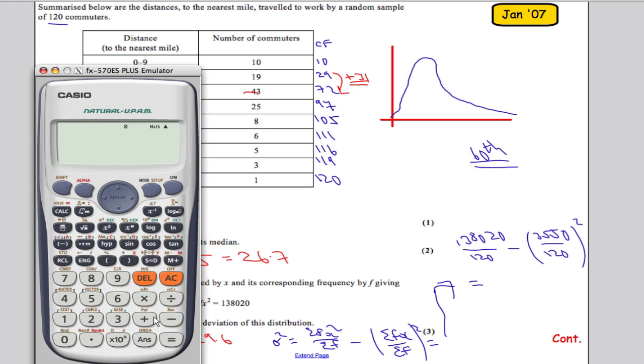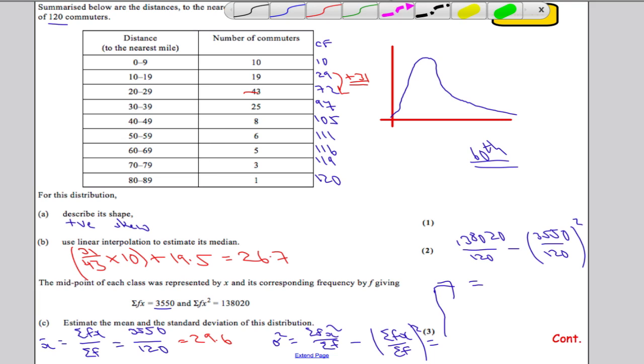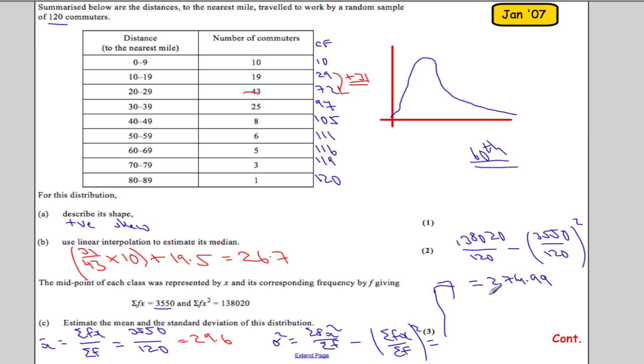So just plug these into your calculator. 138,020 over 120 minus 3550 over 120 to be squared gives us this, 274.99, which means the standard deviation is the square root of that.